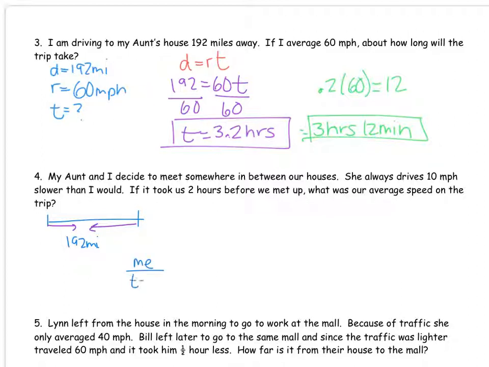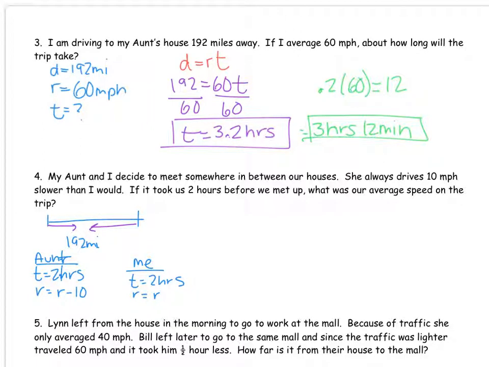Your time that you're traveling was 2 hours, and your rate was whatever your rate was. For your aunt, she also traveled 2 hours, and her rate was 10 less than yours, so hers was r minus 10.